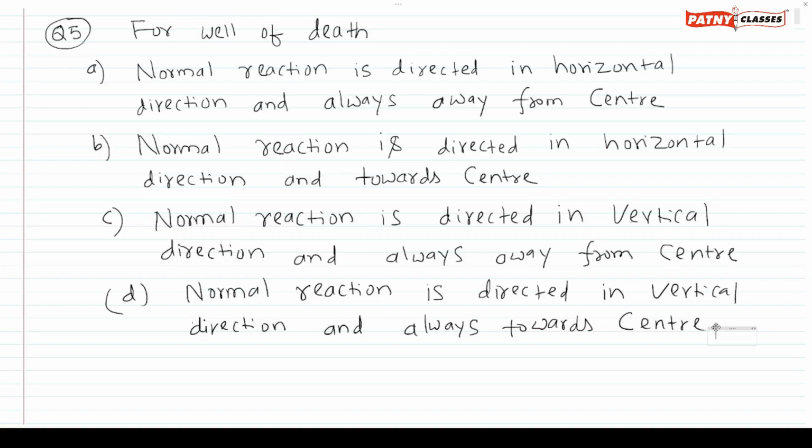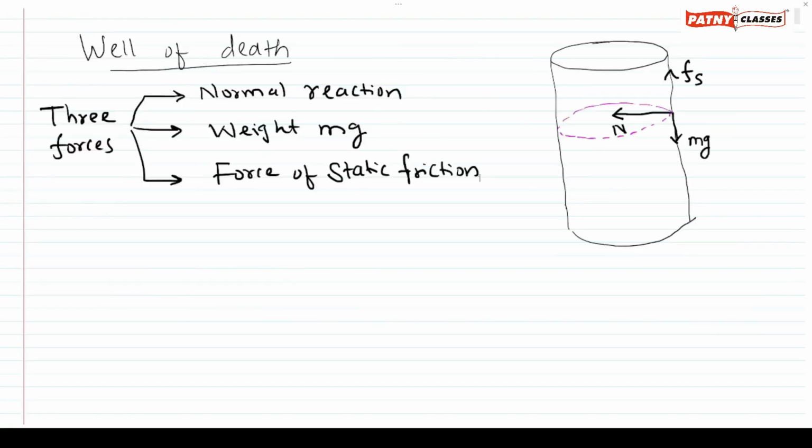Let us discuss the correct option. In case of well of death, there are three forces. One is the normal reaction, second is the weight of the given vehicle or body, and the third one is the force of static friction. The force of static friction is balanced by the weight of the body.